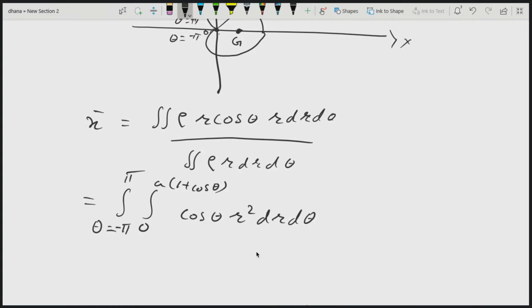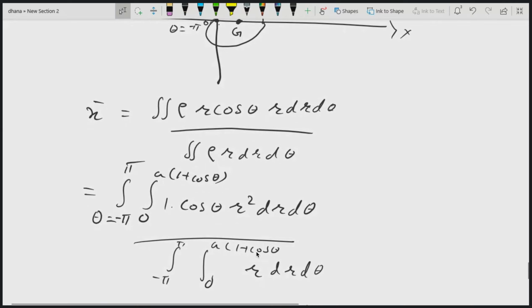Here, your rho is not given, I mean the density function is not given, so we will consider it to be a constant 1. The numerator is the integral of theta from minus pi to plus pi, r from 0 to a into 1 plus cos theta, of cos theta r square dr d theta. In the denominator also, theta from minus pi to plus pi, r from 0 to a into 1 plus cos theta, of just r dr d theta, since rho is 1. Now just calculate and tell me the answer for this one.